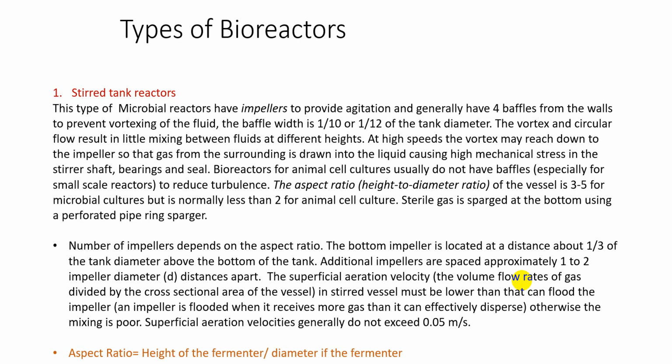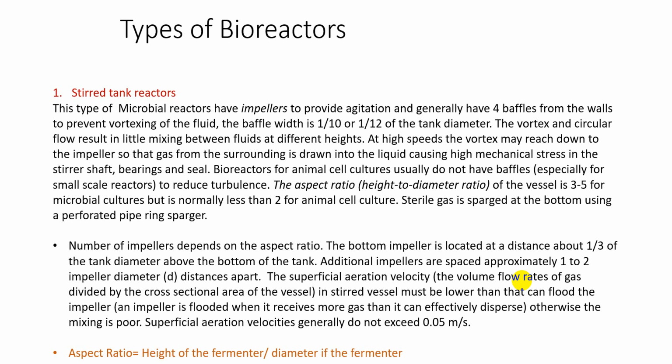Then additional impellers can be used which are spaced approximately at a distance of 1 to 2 impeller diameters from each other. And the superficial aeration velocity, that is the volume flow rate of gas divided by the cross-sectional area of the vessel, is called the aeration velocity.